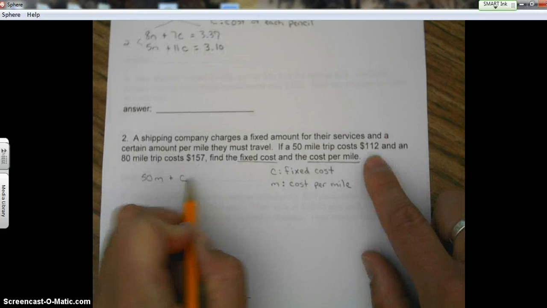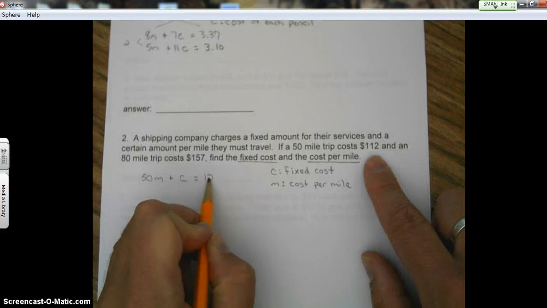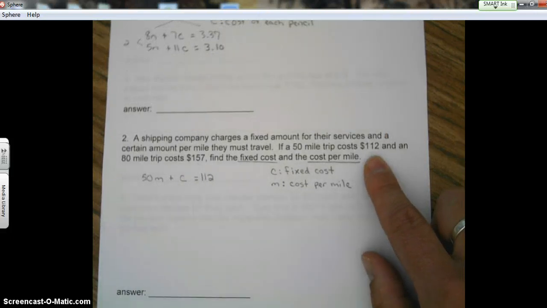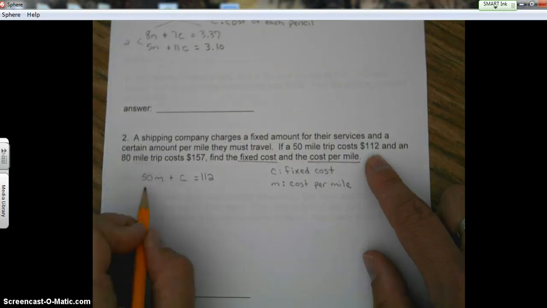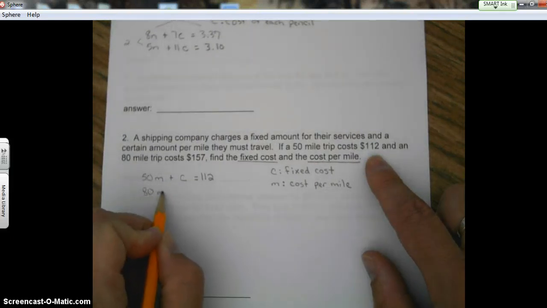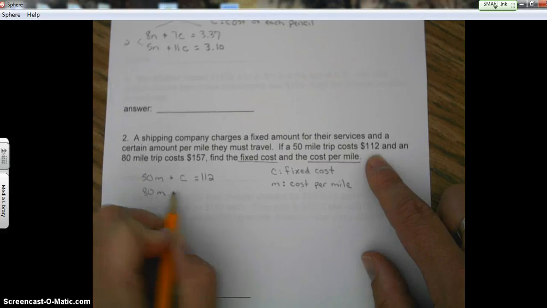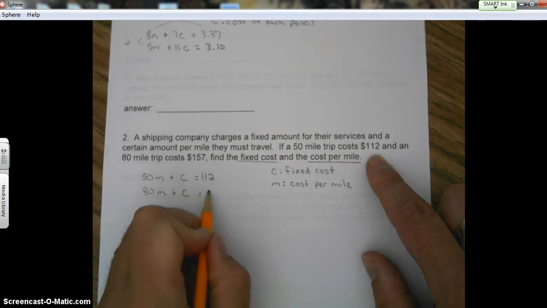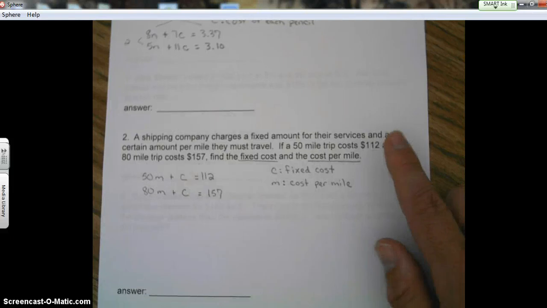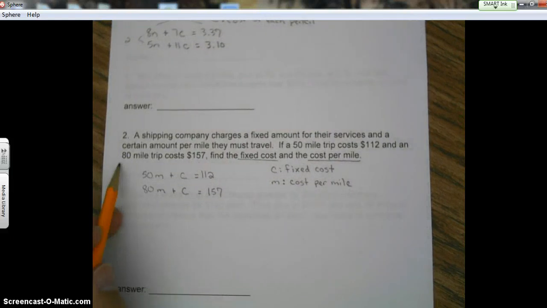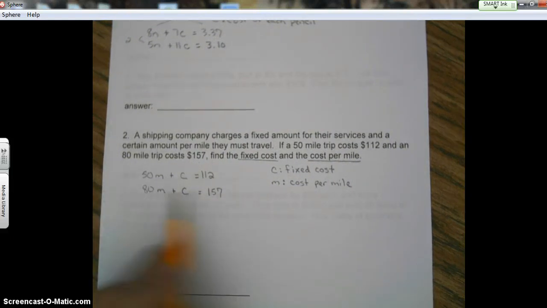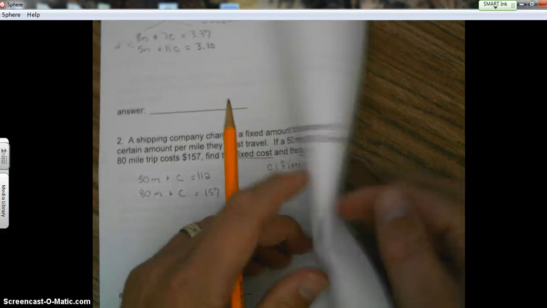And that total is $112. Next, an 80-mile trip. So 80 miles times the cost per mile plus some fixed cost, and that total is going to be $157. Each system is going to be different, so you're going to have to think about how this is going to be set up. Okay? Turn the page.